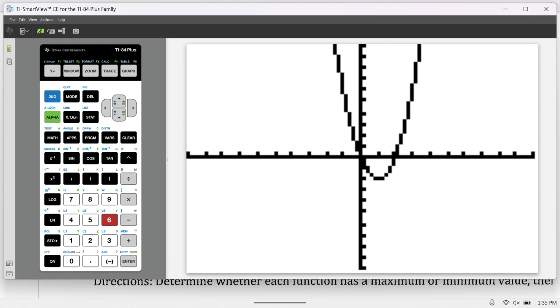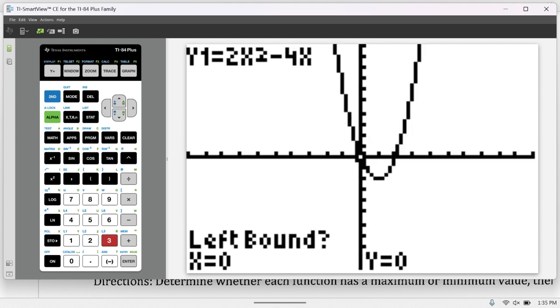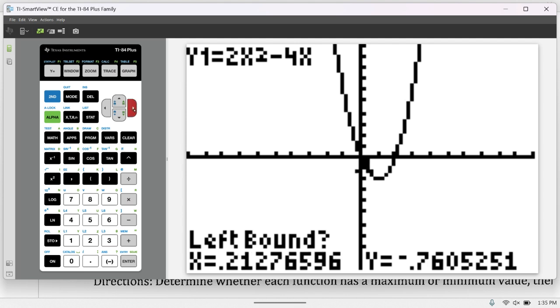All right. Now I'm going to calculate my vertex. So is this vertex going to be a max or a min? It's a min. So I'm going to hit second and then trace. And then I'm going to hit 3 for minimum. So left bound. I'm going to move my arrow key so that it's just slightly to the left of where the vertex would be.